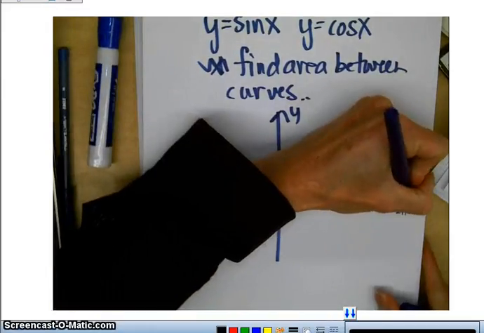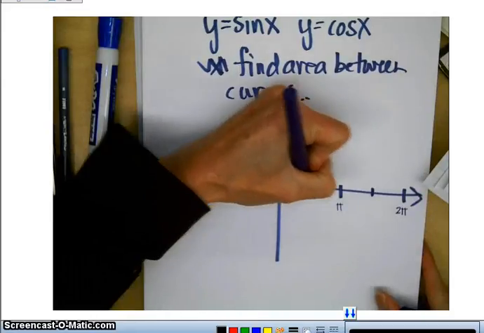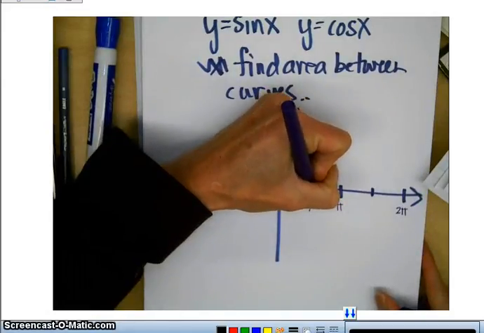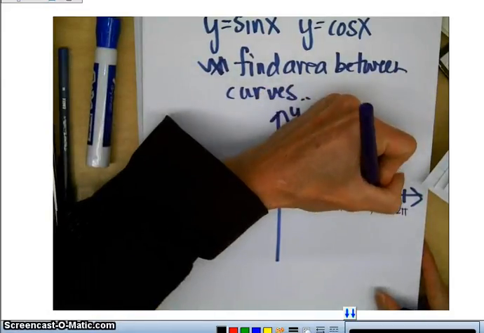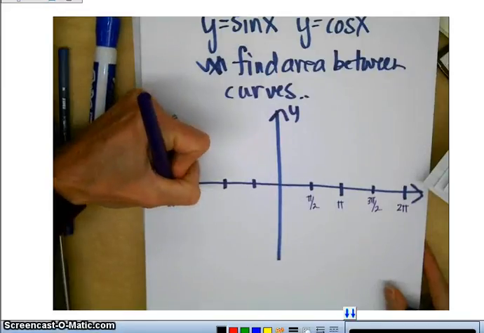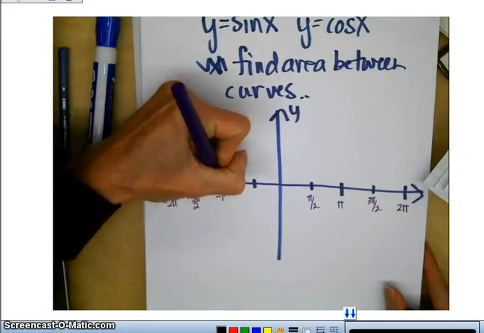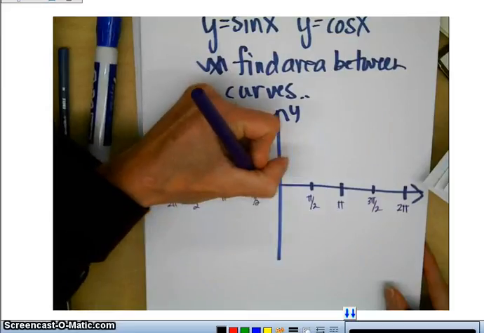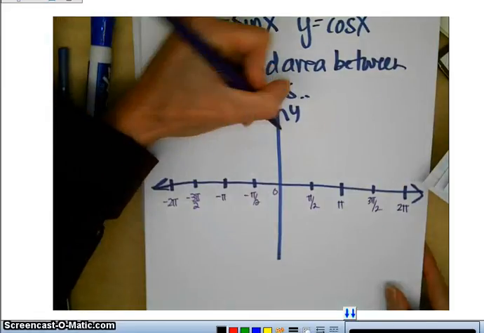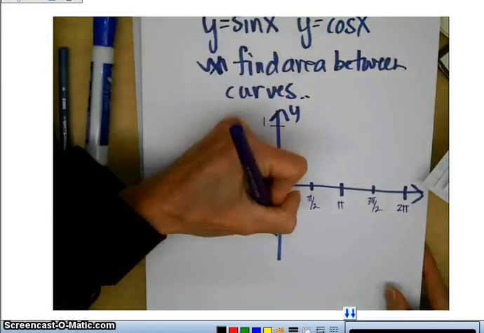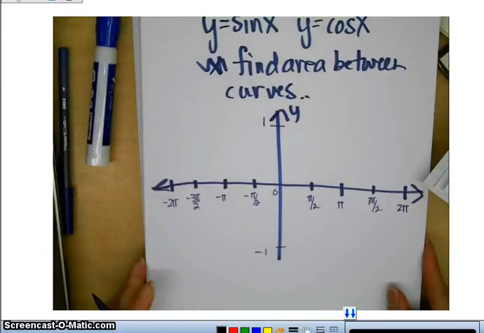The period length of sine and cosine is 2 pi, so that's pi. That's pi over 2, and that's 3 pi over 2. And this is negative 2 pi, and this is negative 3 pi over 2. And this is negative pi and negative pi over 2, and this is 0. And the highest that the sine function and cosine function goes is 1, and the lowest is negative 1.